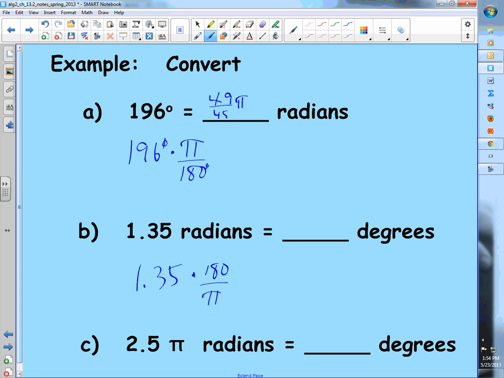Wow, very nice. 243 over pi degrees. When you can give me exact values, I'd rather exact values. I was expecting an ugly decimal that went on forever. If that was the case, you would divide by pi and round to 3 decimal places. If it's 243 over pi, let's leave it like that.